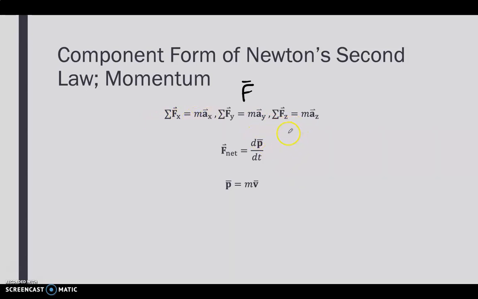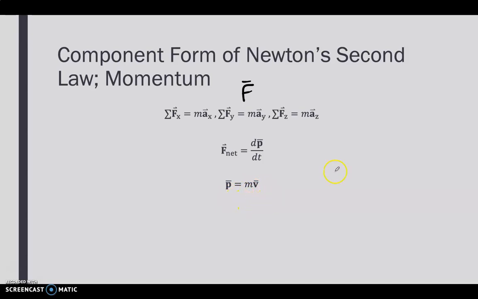Also, we need to understand the idea of momentum. So momentum is related to force in this way here. Force or net force is equal to the time derivative of the momentum, and momentum is equal to mass times velocity.